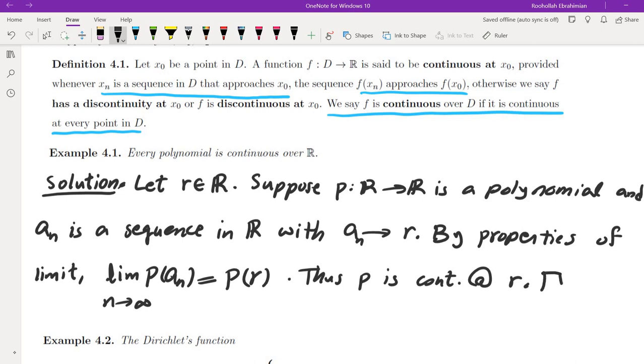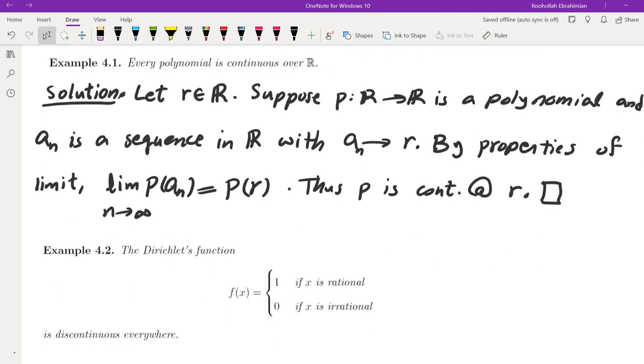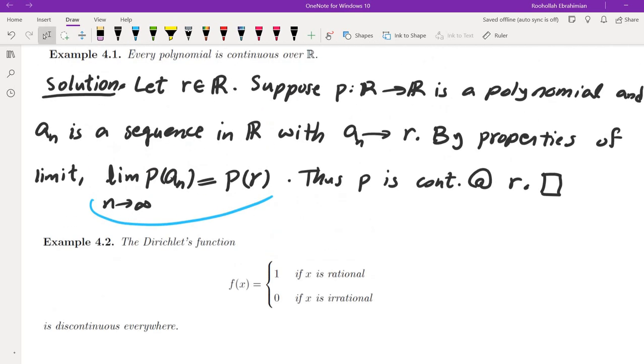So we showed that p is continuous at every real number. Therefore p is continuous over the entire set of real numbers. Bottom line is this statement that p of an approaches p of r, and that's something we have discussed before. Okay, so that's an example of a continuous function.